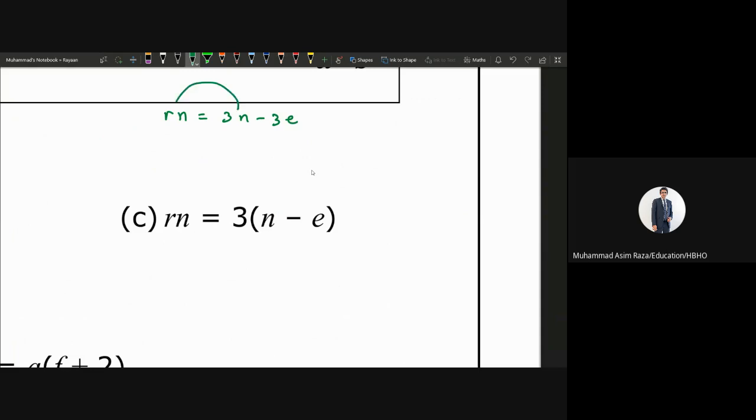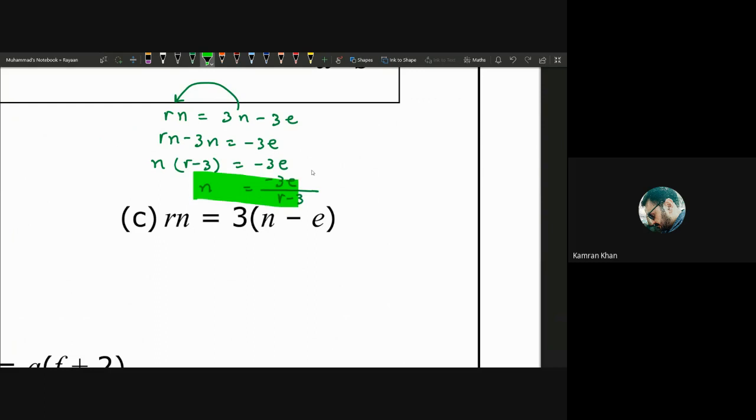Now we'll take n onto the other side so that we can have rn minus 3n is equal to minus 3e. Now you can take n common so that we can have r minus 3 is equal to minus 3e. Then n will be equal to minus 3e over r minus 3. So this is how we have to do this. Did you understand that? Yes, sir.